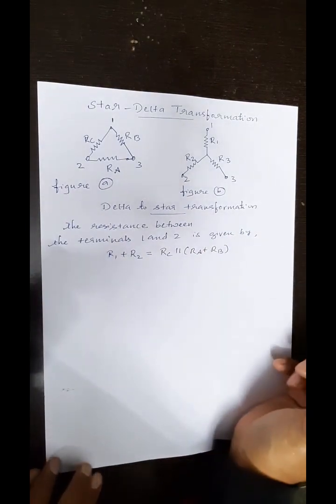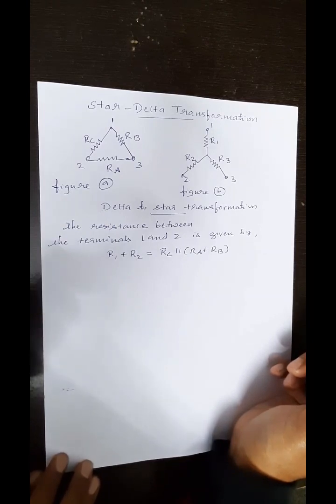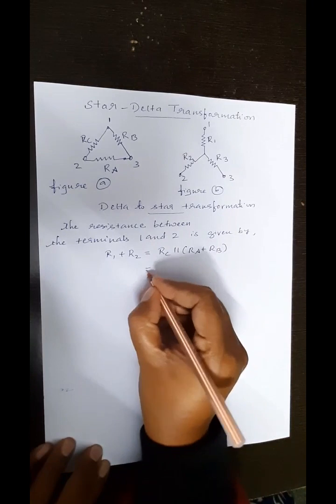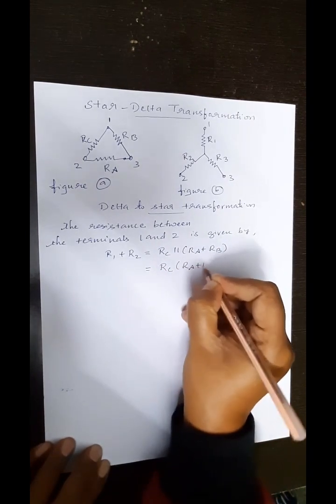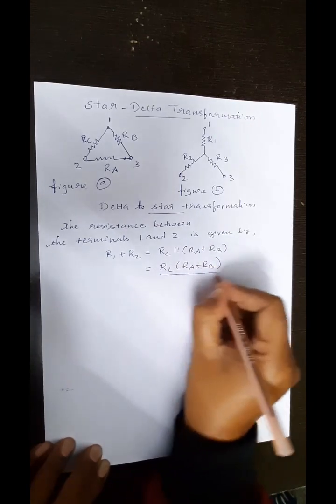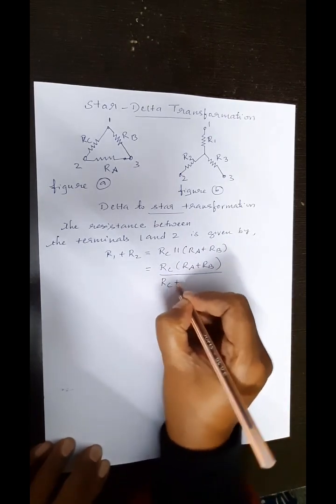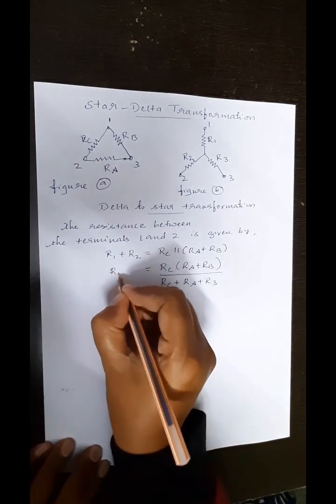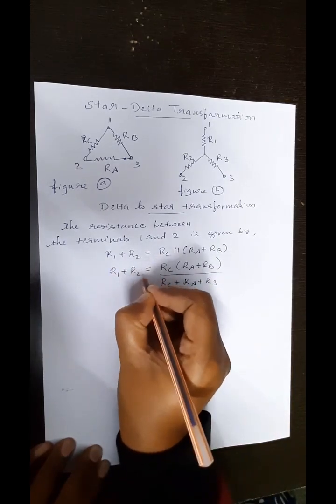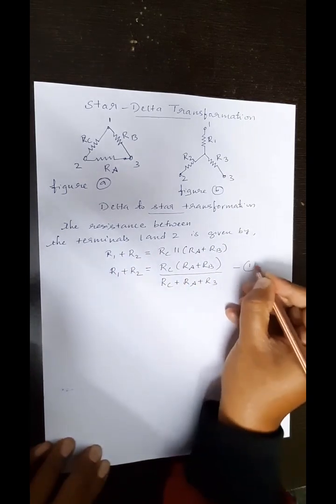That is nothing but when you are measuring the resistance across the terminals 1 and 2, RA and RB will become in series connection and this series connection will be in parallel with RC. So this will be RC into RA plus RB divided by RC plus RA plus RB. LHS will be R1 plus R2. Let us consider this as equation number 1.